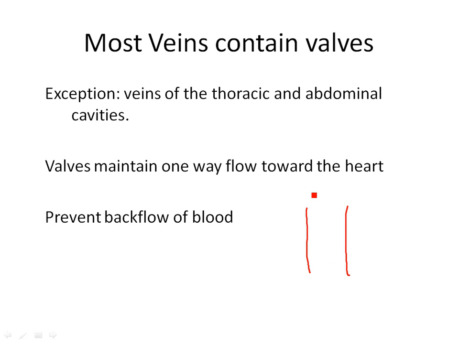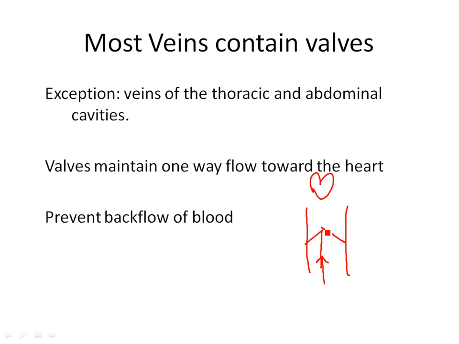So if this is our vessel here, and we're trying to get blood back up to the heart, so we'll draw a little heart right there. What happens is you have these flaps that just overlap. So as blood is pushing up through these flaps, they will open up and allow the blood to flow through.